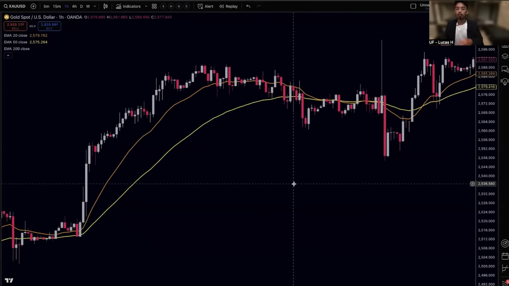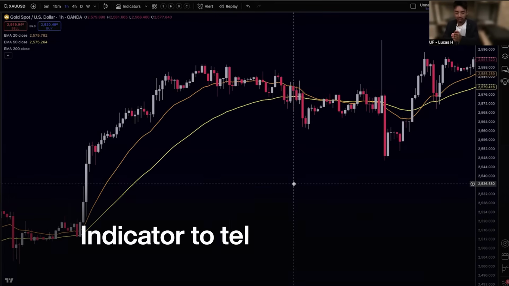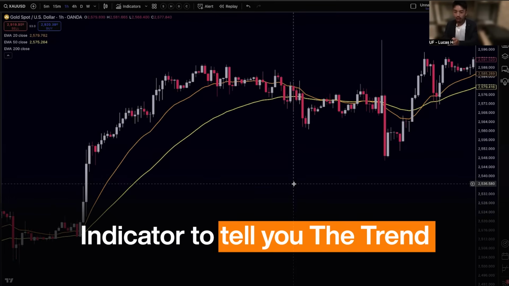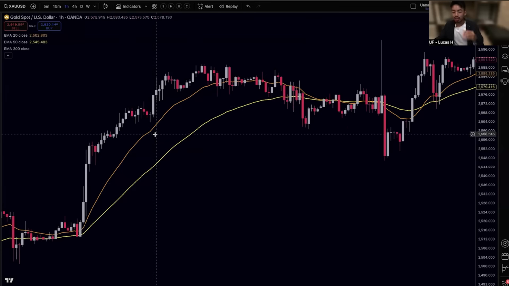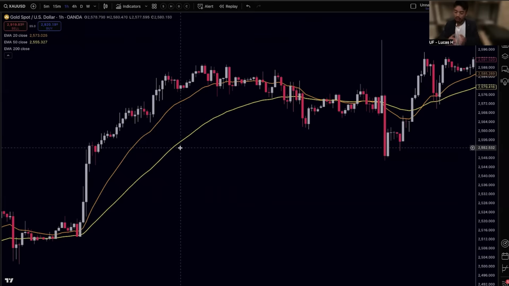So one more time, what do moving averages actually do? They are essentially an indicator to tell you whether it's an uptrend or a downtrend, okay? The 20 EMA here is just telling you most recently, are we going up or down. And the 50 is, again, is it longer term in an uptrend or a downtrend?